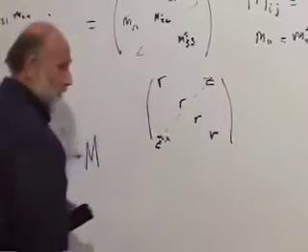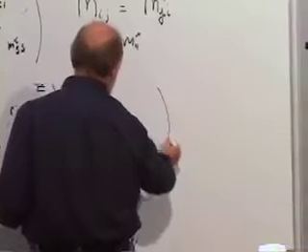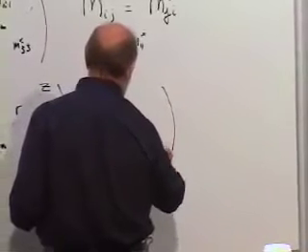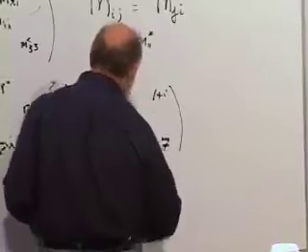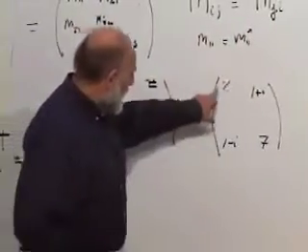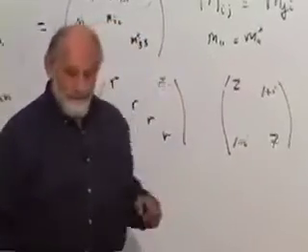Then it's called Hermitian. So 2, 7, 1 plus i and 1 minus i is Hermitian. Real elements on the diagonal and complex conjugates when you reflect.